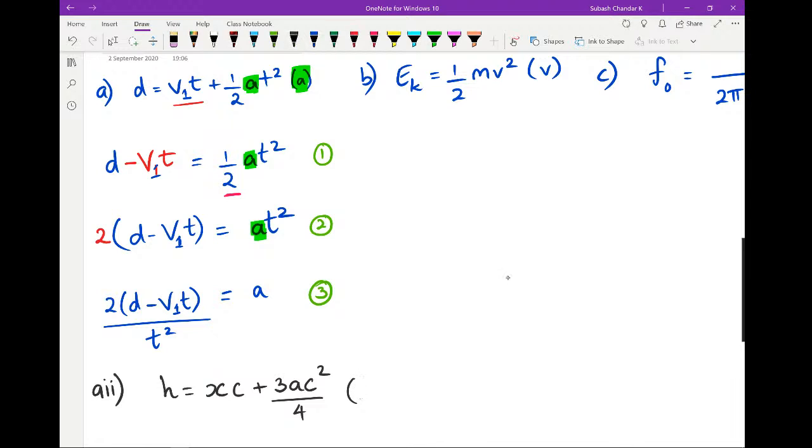If you want to try another question, you can try question A part 2. Once again, I want A as the subject, so rearrange so A is there by itself.